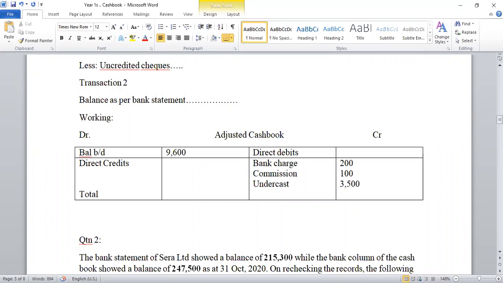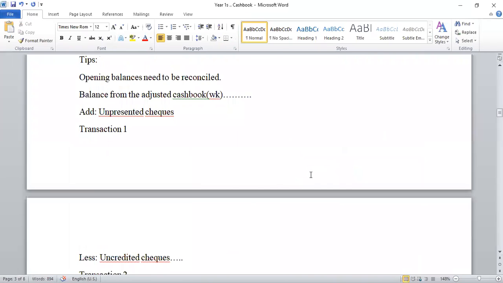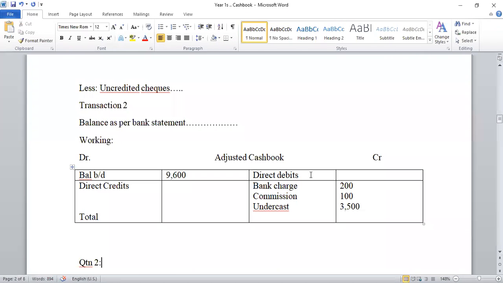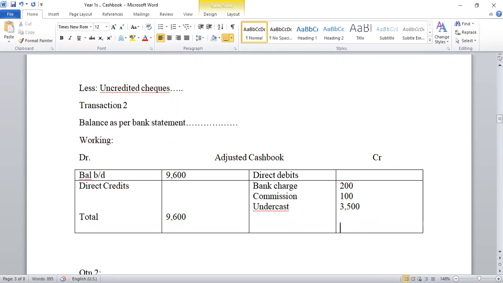Okay, so that is it. What else? Did I say any other thing? No, I don't think so. So I can balance off to get the balance as per the adjusted cash book. As you can see, the debit side is still bigger, so this side will get my total. Ask yourself, what should I add on this side to also have the same total?